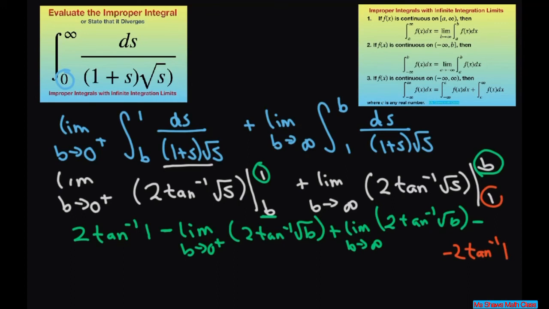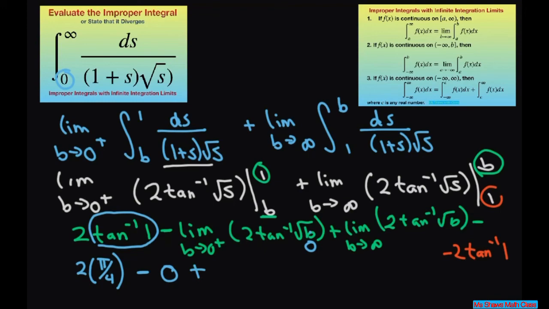So I'm going to try to write all this in. So basically, inverse tan of 1 is pi divided by 4. So that's 2 times pi divided by 4, which is just pi divided by 2. Minus, when you substitute in 0 here, we're going to get 0.